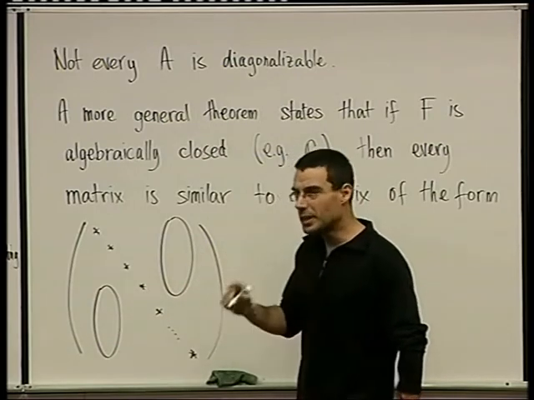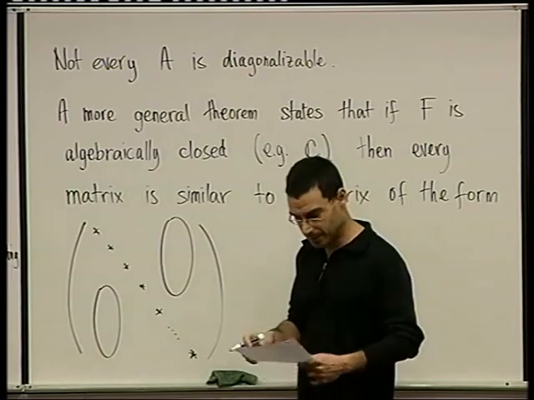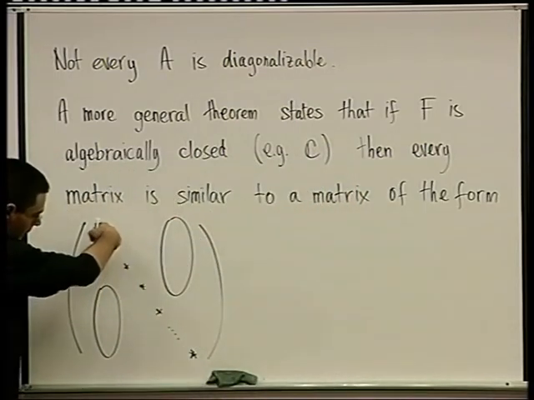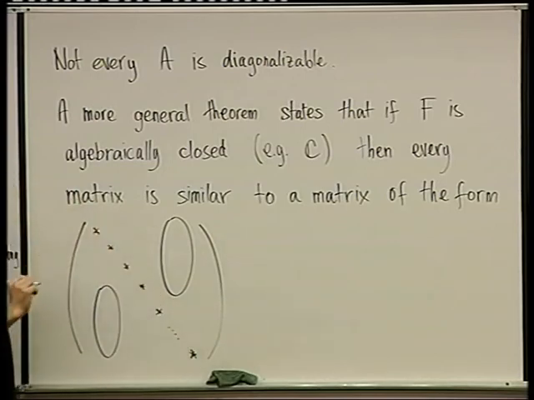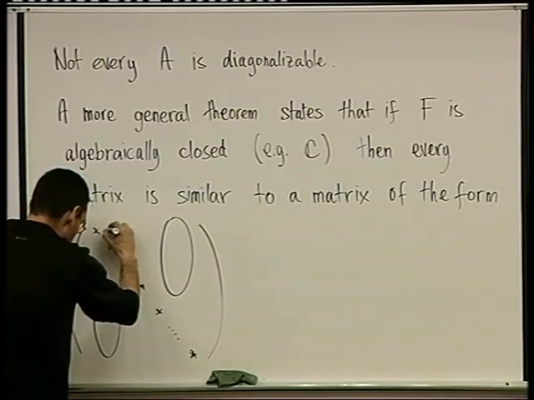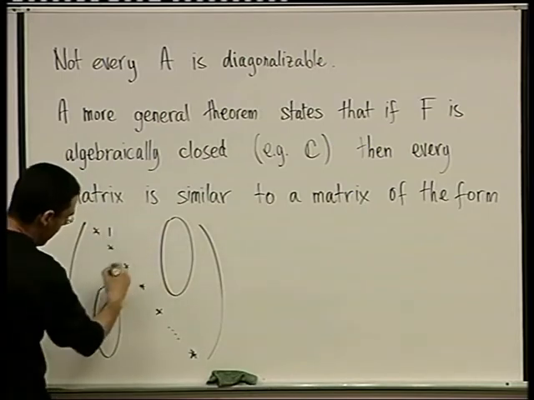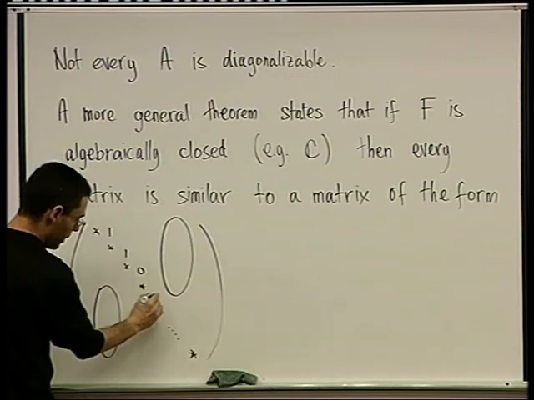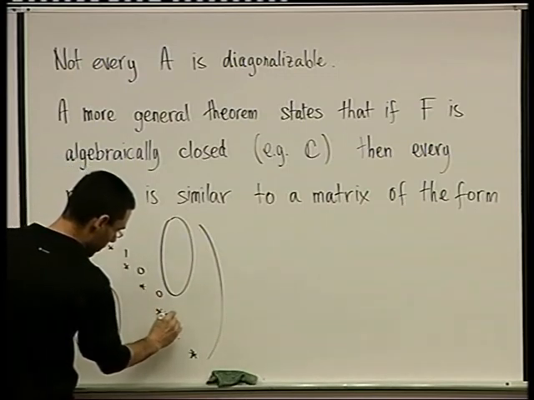But it's also going to have a few ones. And the ones are only going to live above the main diagonal in some of the entries. So there may be a few ones. Maybe here there's going to be a 1, and here there's going to be a 1. Here maybe there's a 0, and another 0, and here a 1 again.